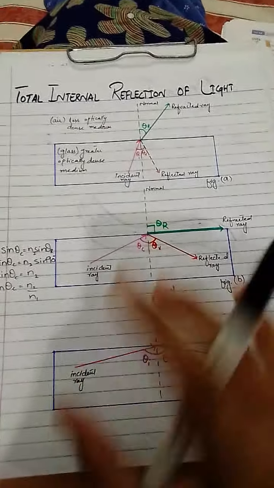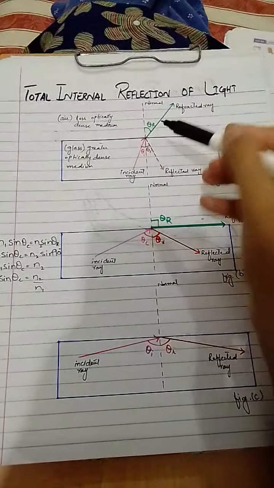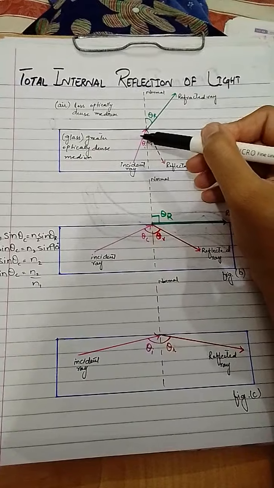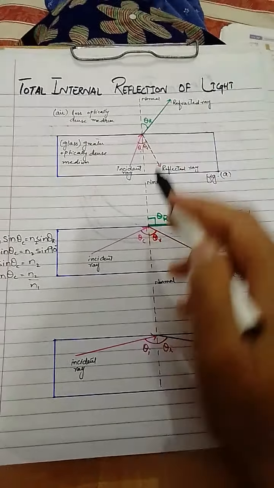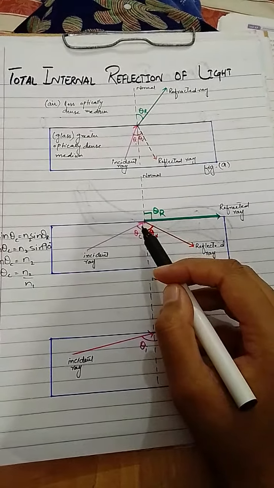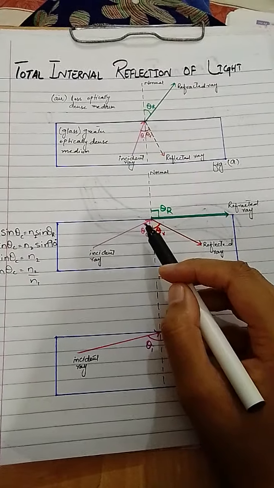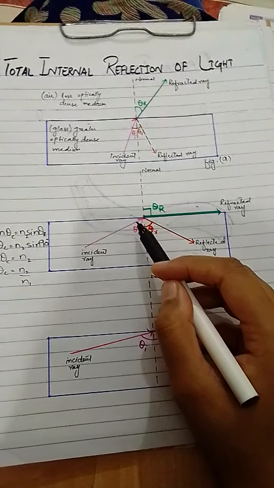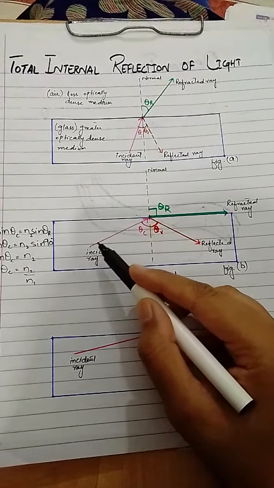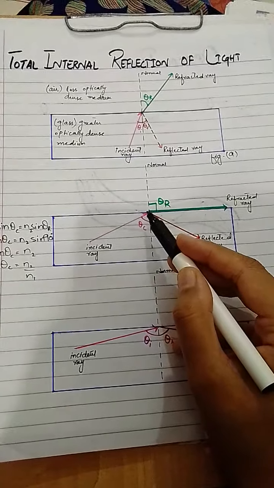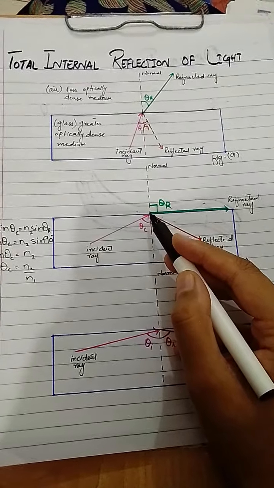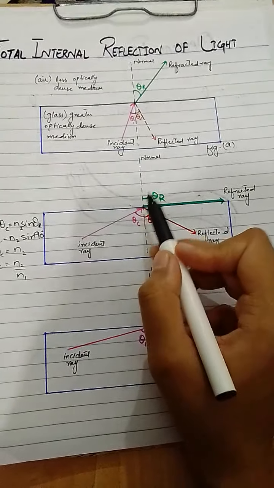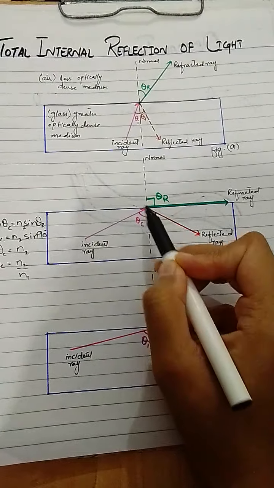Now, what happens if we just keep increasing this angle theta I, or the angle of incidence? If we just keep increasing this angle, then a certain condition would be reached where, if the incident ray strikes the surface at the point of incidence, the angle of refraction would be 90 degrees to the normal.